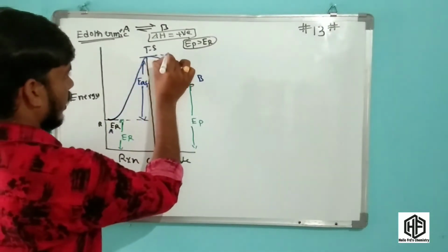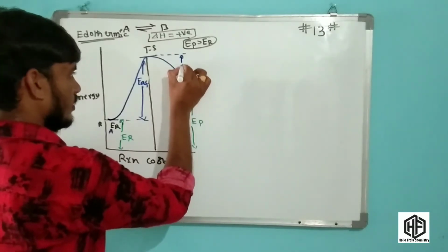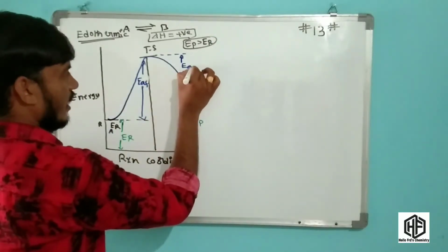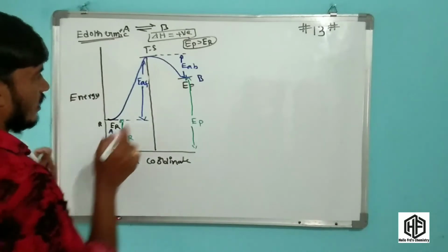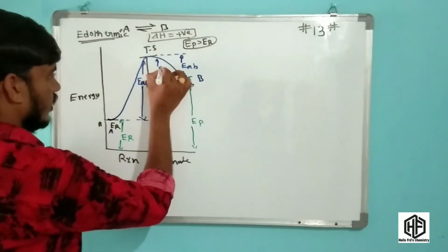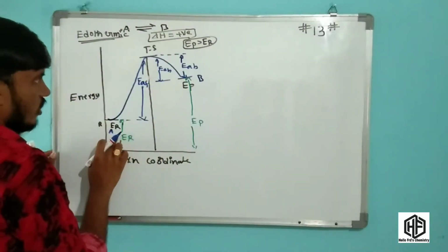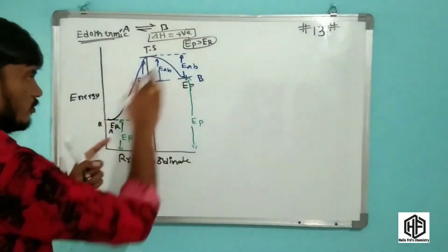This is the activation energy of the backward direction. This is the EAB. Okay friends, this is the activation energy of the backward direction. This is the activation energy of the forward direction. It means the reactant must gain this amount of energy to cross the transition state in the forward direction.